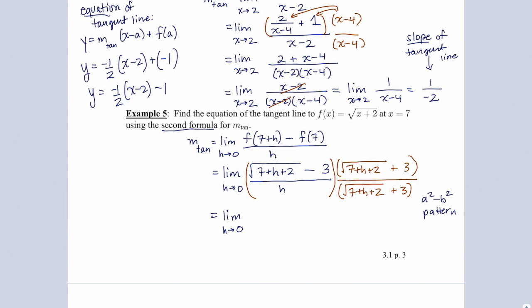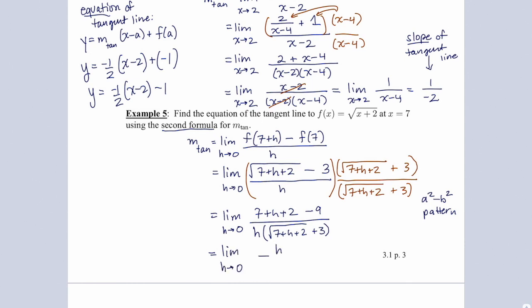A squared will just be that expression inside the radical, so 7 plus h plus 2, and b squared will be 9. So now our numerator we can see simplifies to just h.